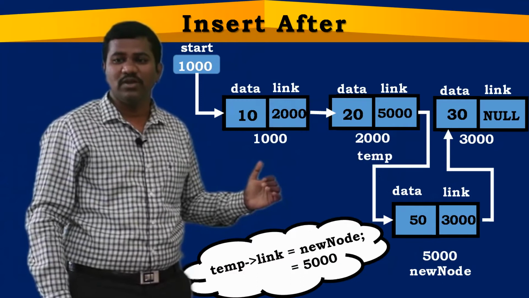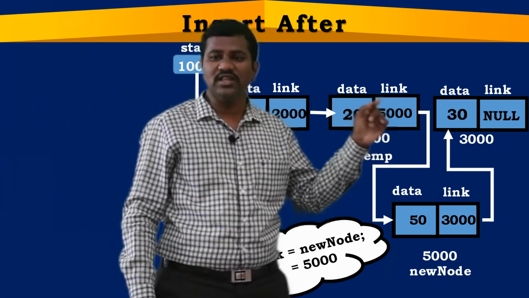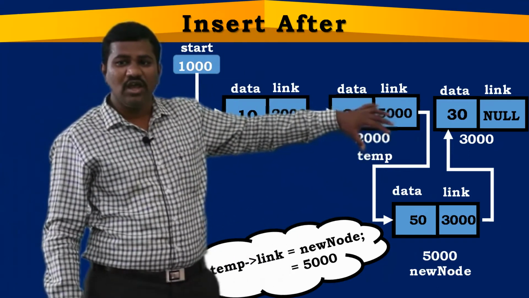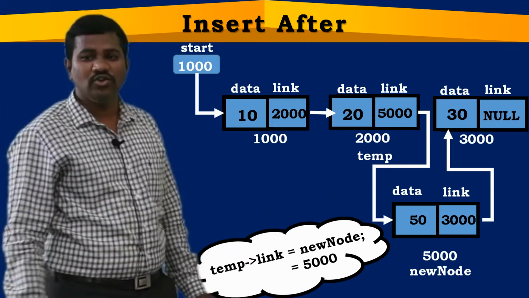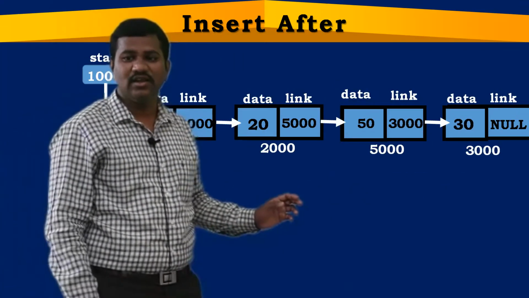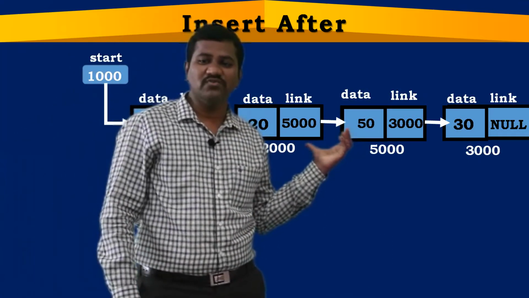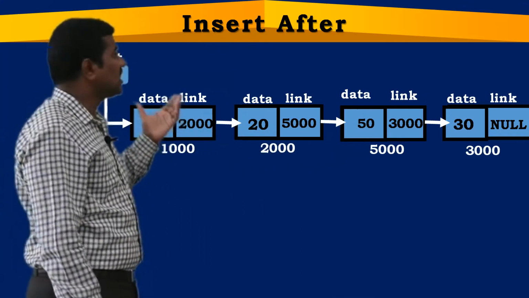New node, right? Whatever link we have between 2000 and 3000, that link is going to be broken, and we establish a link from the 2000 node to what? 5000 node. Finally, your linked list is going to appear like this, where the 5000 node is placed between the 2000 node and the 3000 node, and your start contains what?